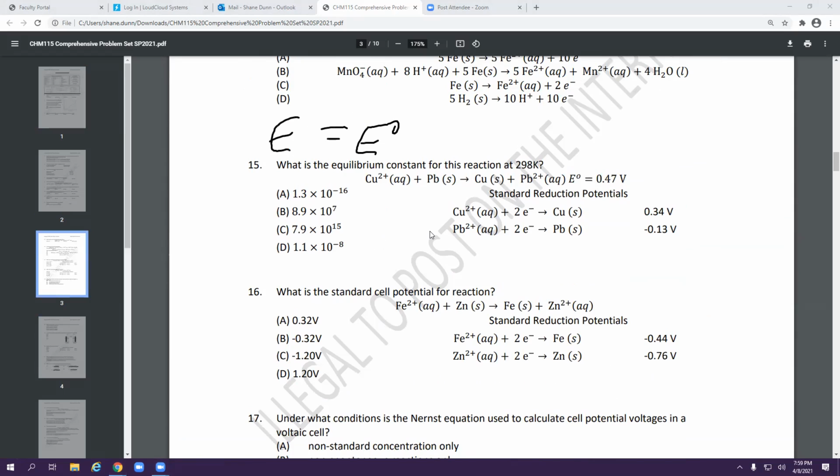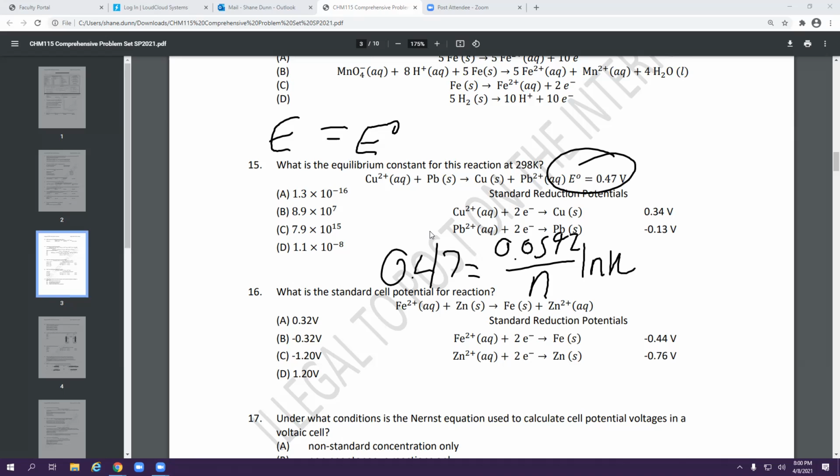You can assume this most times because we're solving for ln of K, or solving for the log of K. So we have to solve for something. Hey, we're given this. Good, we don't have to solve it. So no hijinks like last time. 0.47 is equal to 0.0592 over n log of K. Sorry, not ln, log. If you use this version, you have to use log.